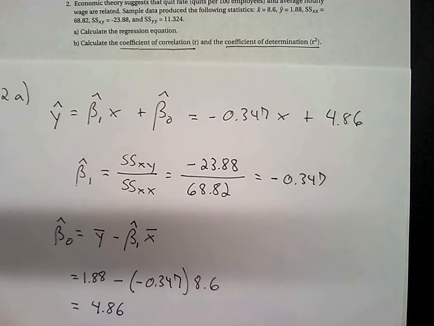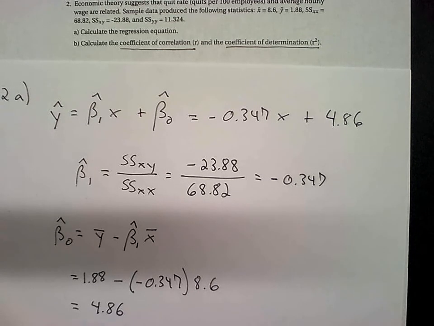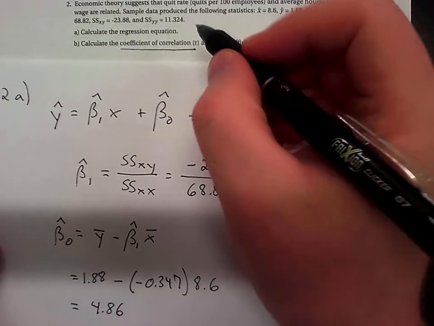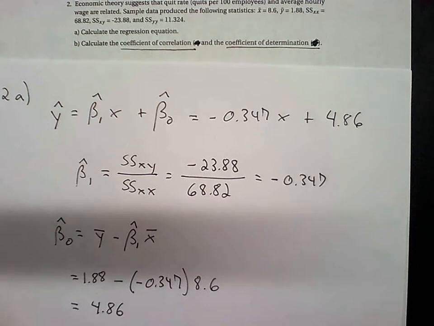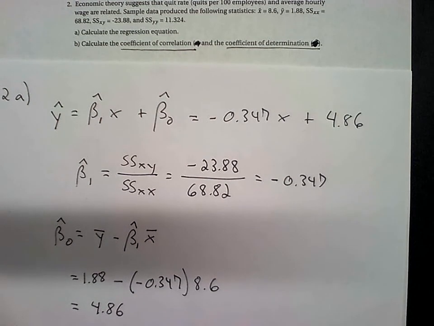Sometimes on the final exam, they don't have what's in parentheses right after that. They don't tell you that one is little r and the other one's little r squared. Sometimes the problem literally just says find the coefficient of correlation and the coefficient of determination.